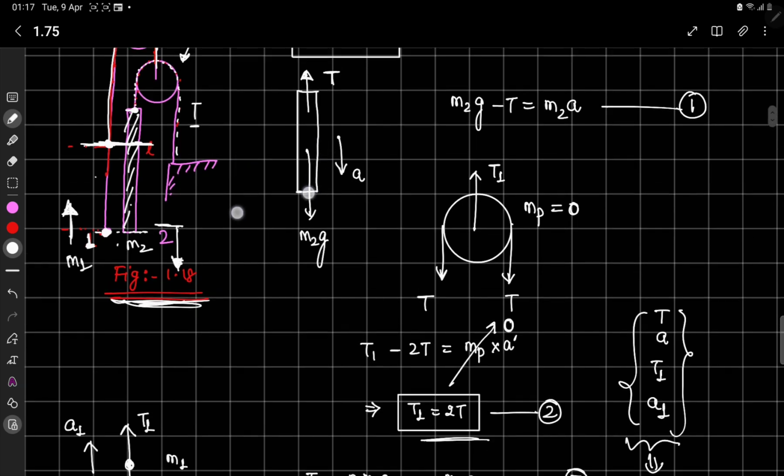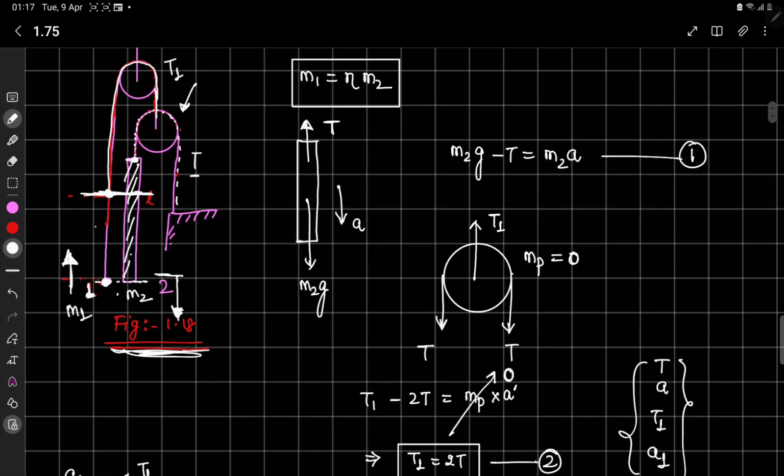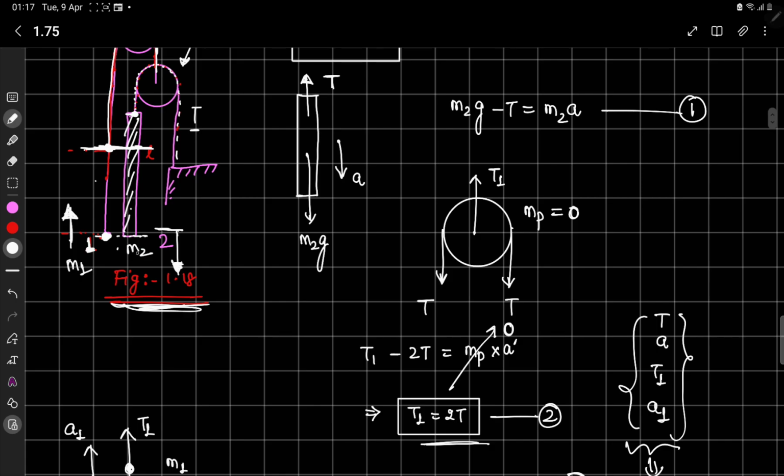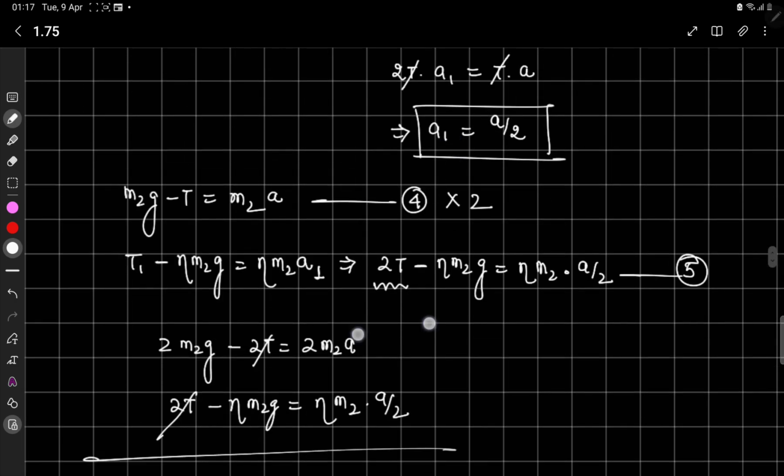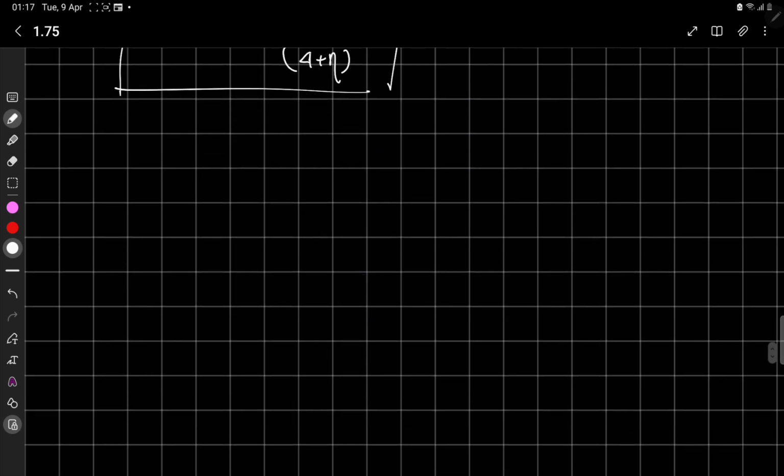So here we need to apply the relative motion concept. Let us say m2 is fixed. If m2 is fixed, then mass m1 was moving in the upward direction with an acceleration of a1, that is a by 2, and the rod was moving in the downward direction with an acceleration of a.